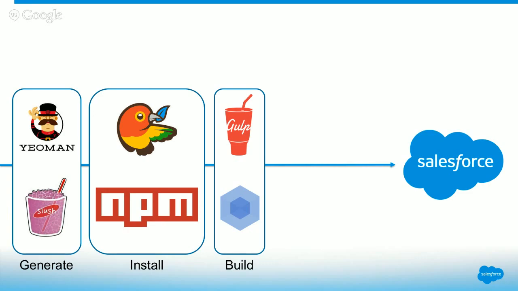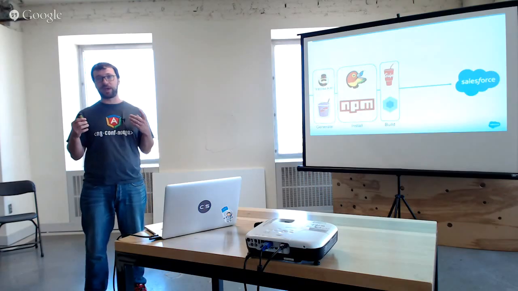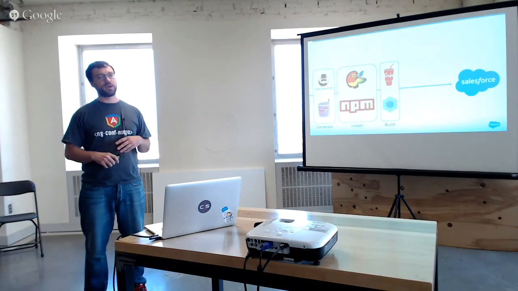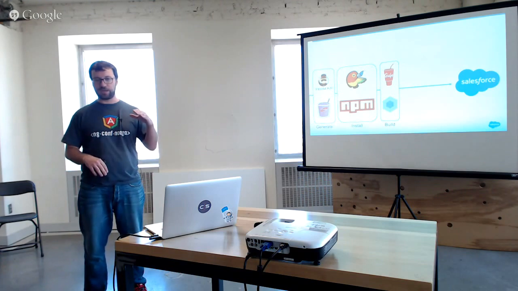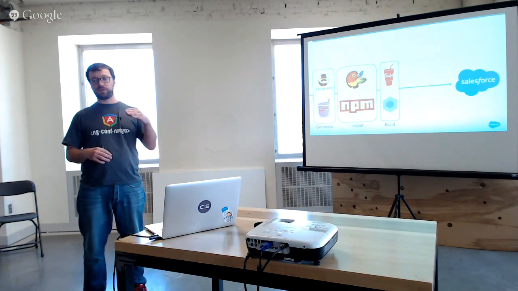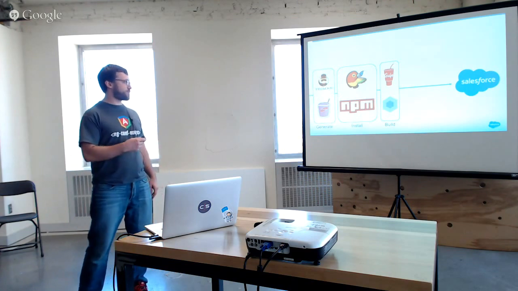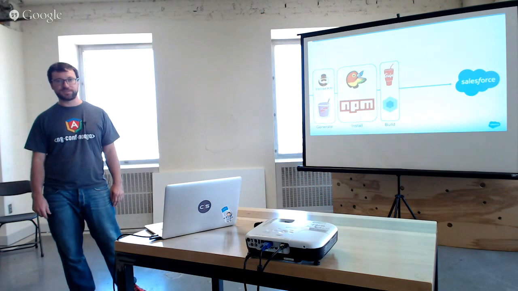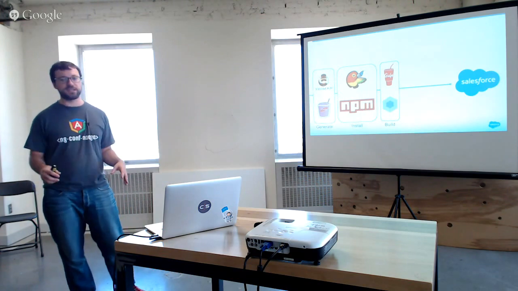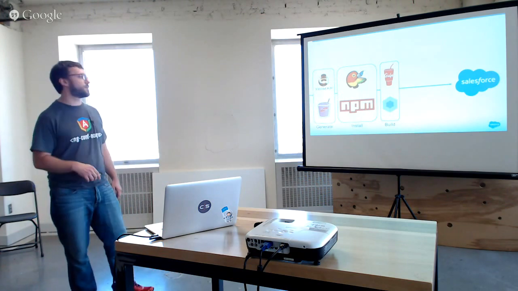These build tools help us automate the process of taking regular old plain JavaScript files or TypeScript files or CoffeeScript files, whatever kind of files you want, and bundling them up into a single JavaScript file that can be deployed up to the server. So you don't have a tremendous amount of junk cluttering your page or a tremendous amount of script calls cluttering your JavaScript files. You just have the one bundle.js file that holds all your JavaScript, holds all your CSS, holds even all your images inside of there.